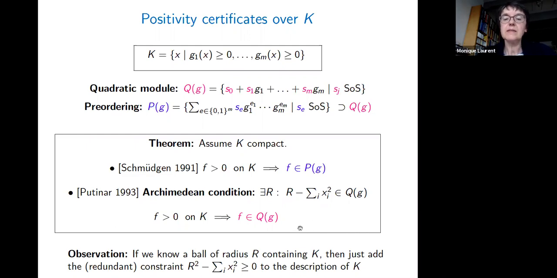Then it's enough to stay in the framework of the quadratic module. From a computational point of view, this is much better, because we are involving only conic combinations of the m constraints instead of conic combinations of the possibly 2 to the m products of constraints. So we will consider only the case when the semialgebraic set K satisfies the Archimedean condition.